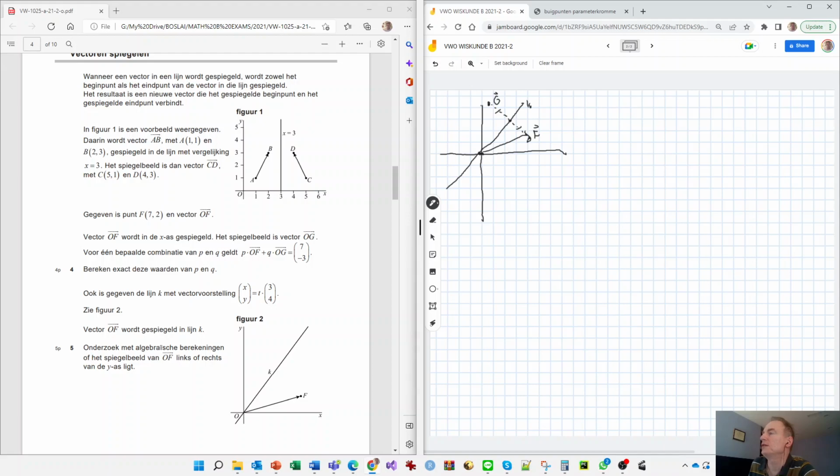Let's call that H. That's the intersection. And then this point has to be right in the middle, so H is 1/2 of F plus G, so G is the vector we want to find.